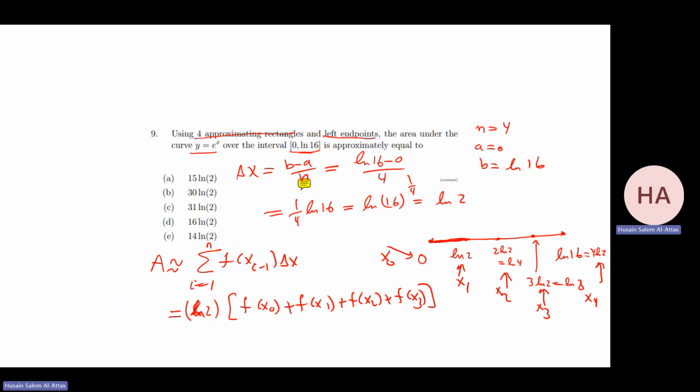So in this rectangle, I'll take x0. So that will be ln 2 times f of x0, this is my function. So it will be e to the x0, which is 1. Then I have e to the x1, which is ln 2.